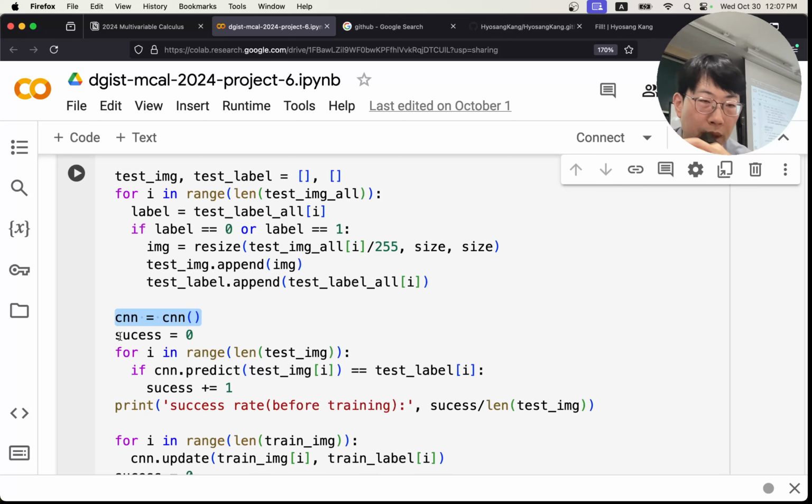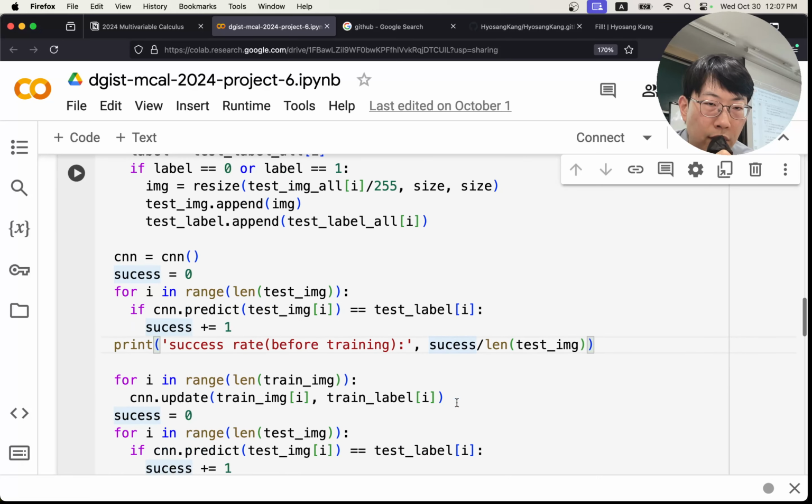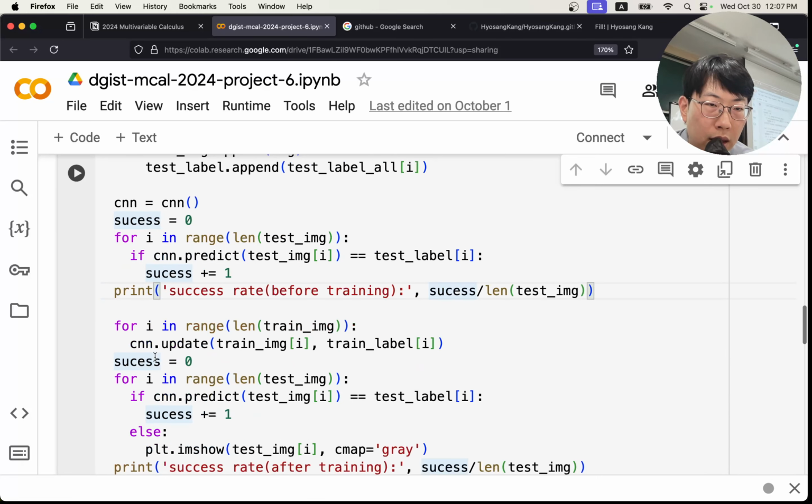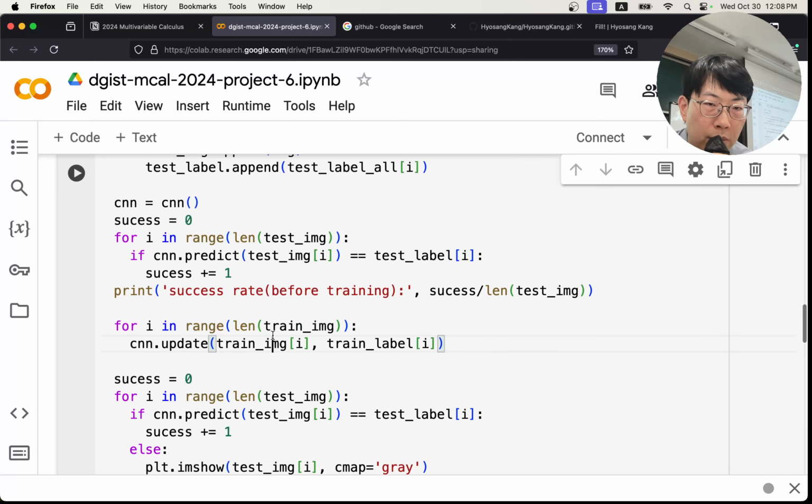But I did it anyway. So I predicted all the test images and calculated the success rate, and then I did the training, training on the images one by one. These two lines are the training part.